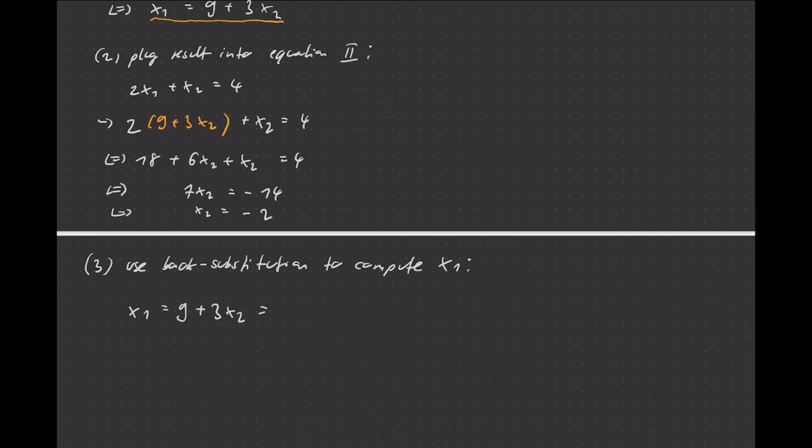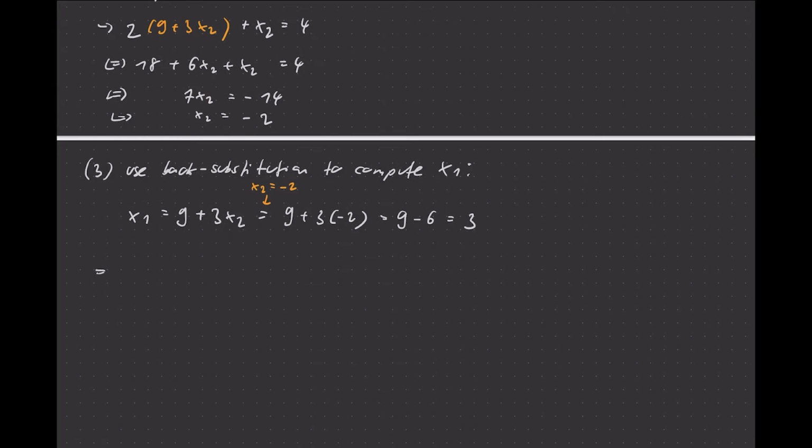So with x2 being minus 2, we get 9 plus 3 times minus 2, or 9 minus 6, or 3. So that yields our solution space.